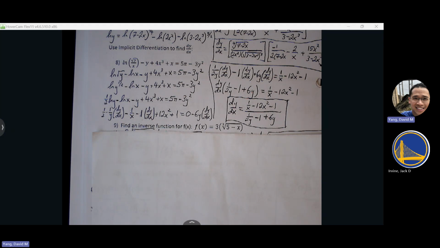Then from here, I'm just collecting all my dy dx terms on the same side, all the non-dy dx terms on the other side, factor dy dx out, divide over.